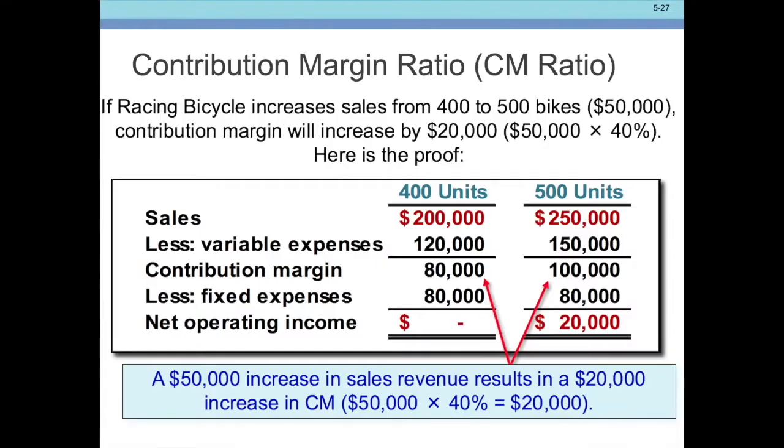So when we go past that, we start looking at things like contribution margin ratio and what if racing bicycles increases sales from 400 to 500 bikes. That's $50,000 in sales, and contribution margin will increase by $20,000. That's 50,000 times 40%. 40% of 50,000 is 20,000.